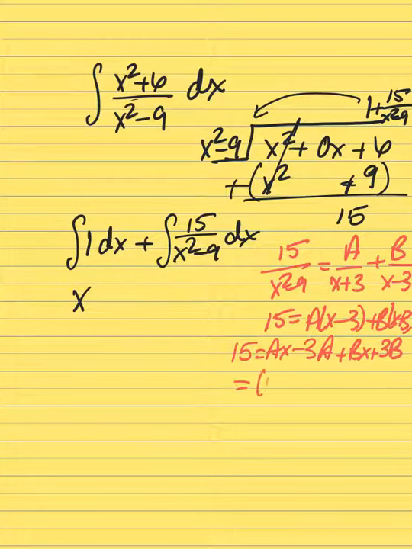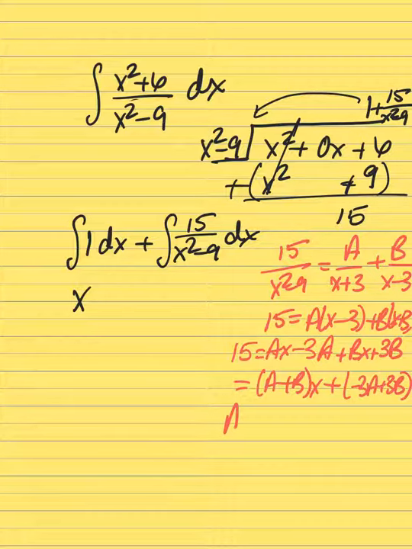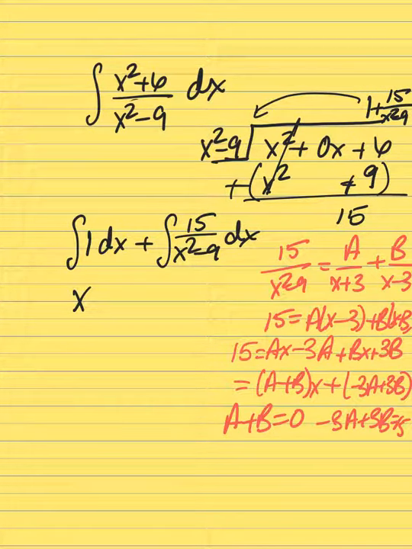All the x's go together. a plus b x. Everything without an x goes together, so that's negative 3a plus 3b. Now, do I have any x's here by plus 15? No. So that means that's 0 x's. So a plus b equals 0. The negative 3a plus 3b equals 15. So it's because it's 0 x's plus 15. So 0 plus negative 3a plus 3b is 15.